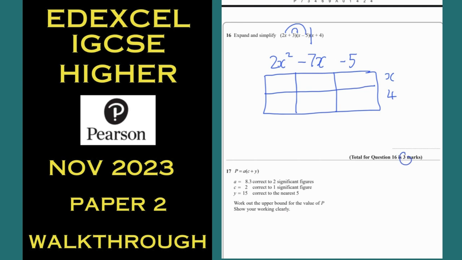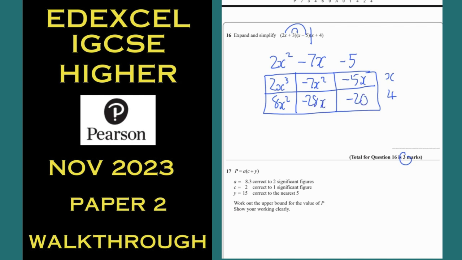So, top grid, top part, let's times everything by x. Minus 7x squared minus 5x. Let's times everything by positive 4. 8x squared minus 28x minus 20.